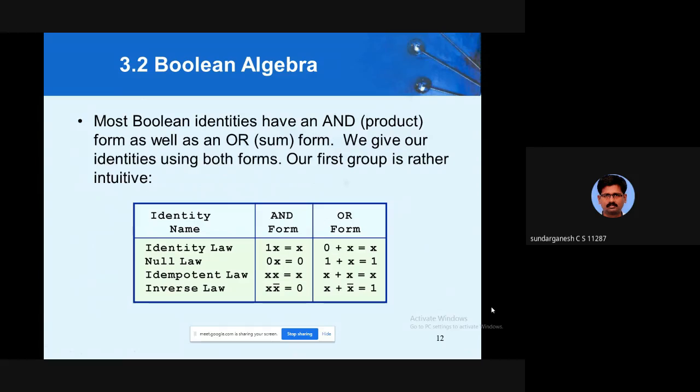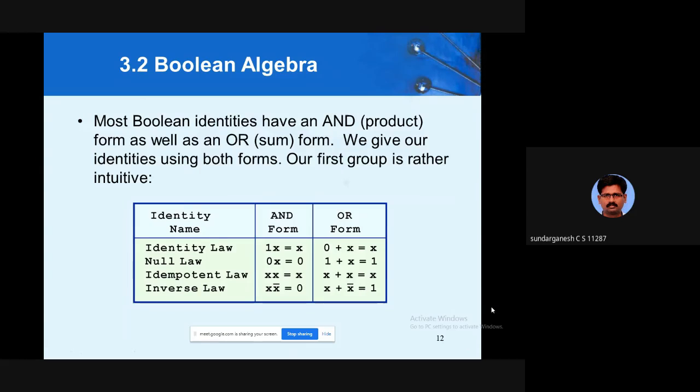Among the Boolean operations you have the AND operation and the OR operation. How do these operations work? First, I am multiplying 1 into x. Anything multiplied with 1 is x. Next, when you multiply 0 with x, anything multiplied with 0 is 0.